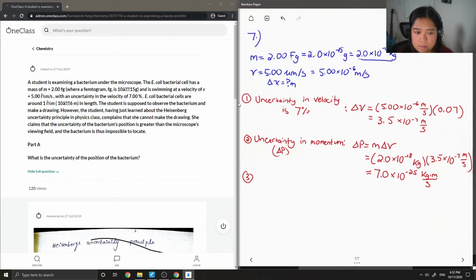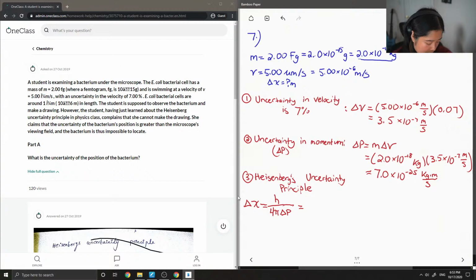And lastly, for Heisenberg's uncertainty principle, it's the following equation right here, where delta x, which is what we're looking for, is equal to h over 4 pi times the uncertainty in momentum. So that's the delta p that we just calculated.